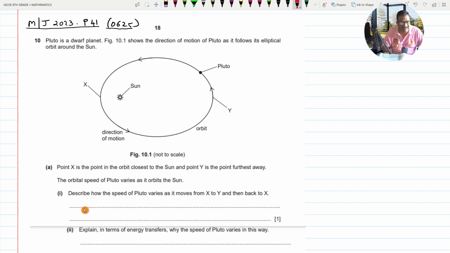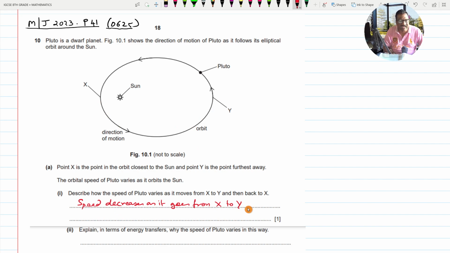So we can write that the speed decreases as it goes from X to Y, because when it goes from X to Y it is going away from the sun.